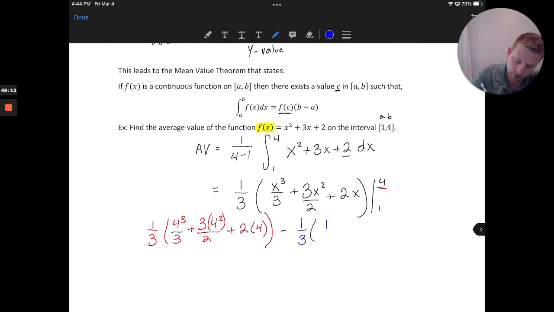We'll have 1 cubed over 3, which is just going to be 1/3, plus 3 halves times 1 squared, which is, again, still 1, and then plus 2 times 1. So each of those are at the evaluation at 1.